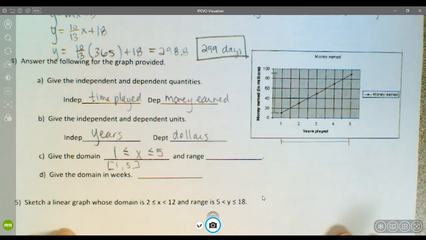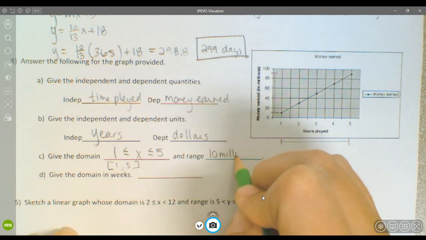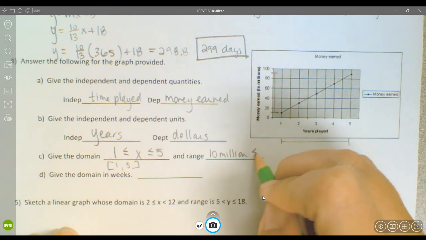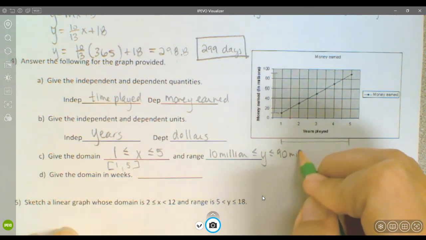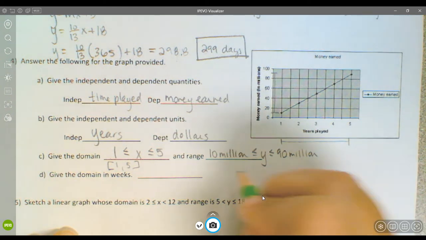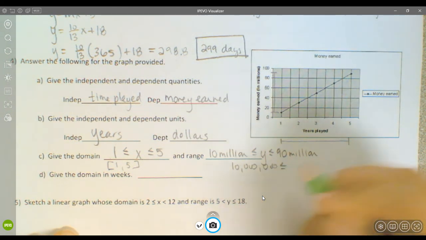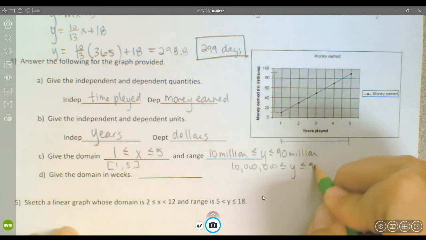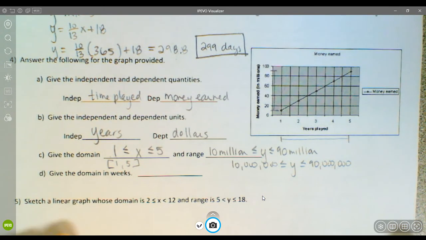But it's not really 10 now. It's 10 million. That's the difference here, to 90 million. And if you don't like the words, you like to see those zeros, there it is. So be very careful when looking at your domain and your range.